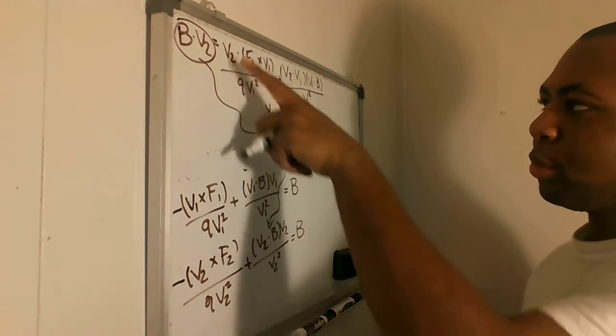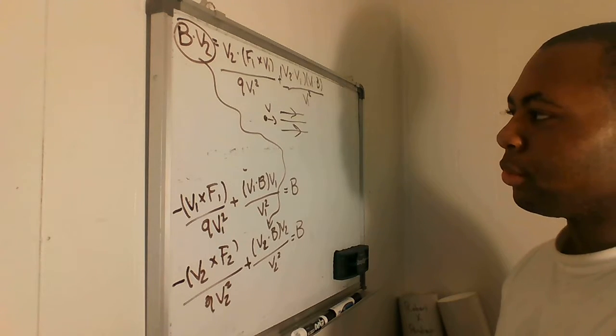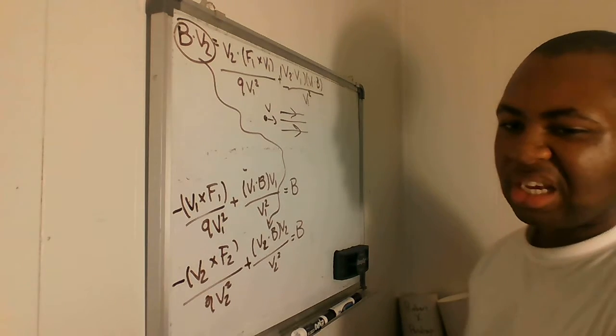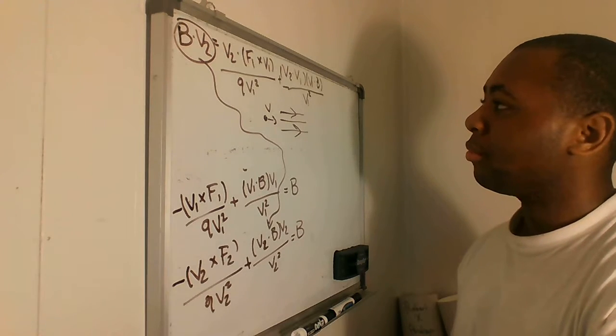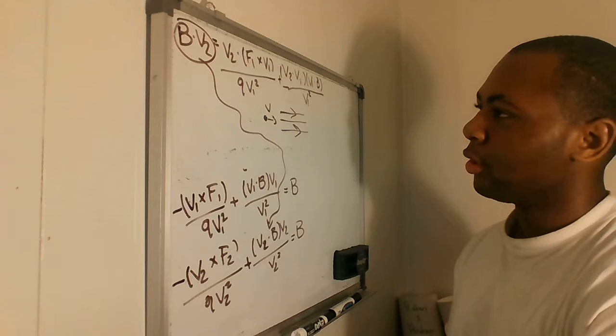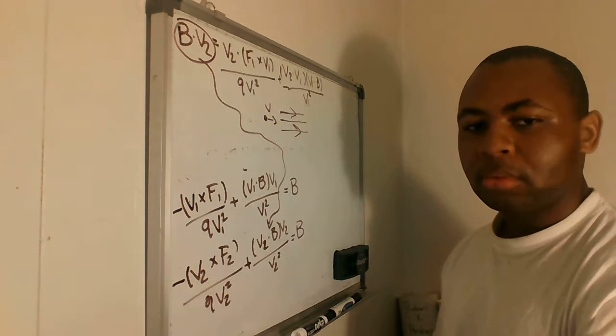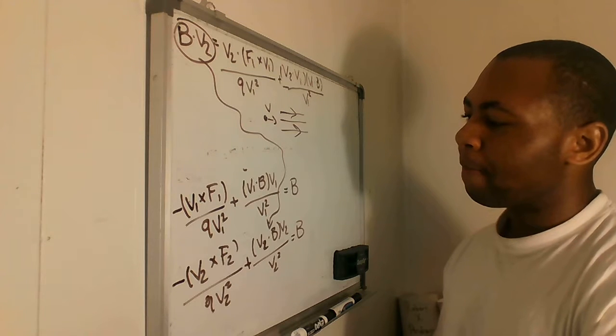I think this is a bit too complicated. F1 cross V1 is perpendicular to V2. It doesn't exactly help us too much. We could also say that V2 and V1 are perpendicular, which makes a good amount of sense.